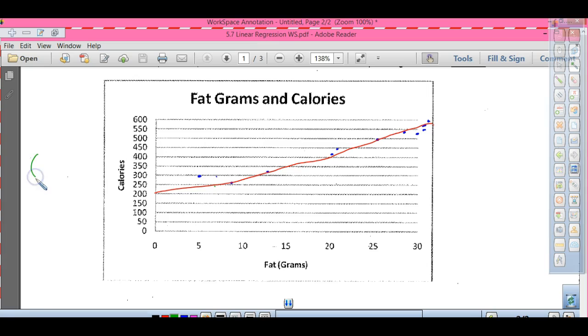But let's choose 2 points. My 2 points, what do you want to go with? 10 and, what would this be, about 2? Well, it's above the 250, so about 260. So 10, comma, 260 would be 1 point.